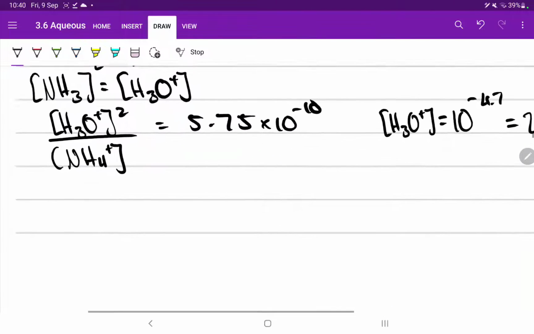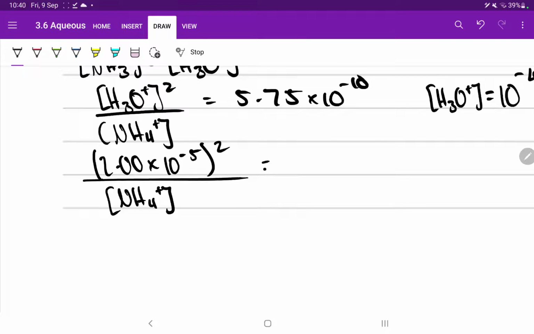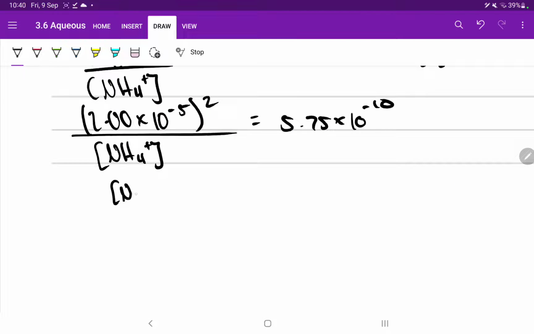So then let's put that in our equation: 2.00 times 10 to the negative 5 squared divided by the concentration of ammonium equals 5.75 times 10 to the negative 10. Rearrange to solve for the concentration of ammonium, and you should get 0.692 moles per liter. Cool.